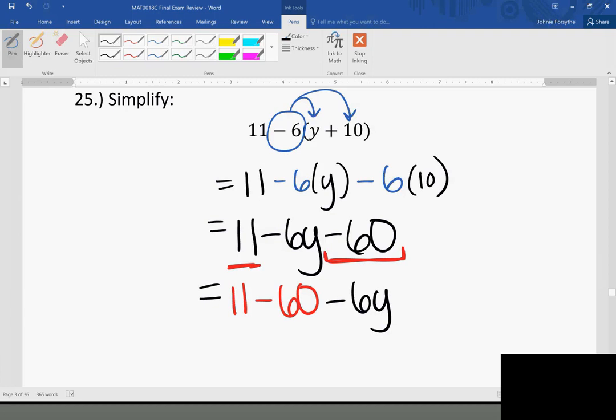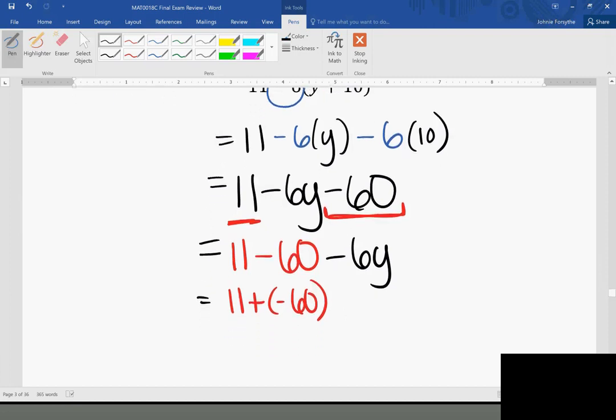So when I combine 11 minus 60, I can think of that as changing that to adding the opposite. 11 plus negative 60. So when I have different signs, I subtract and take the sign of the larger number.